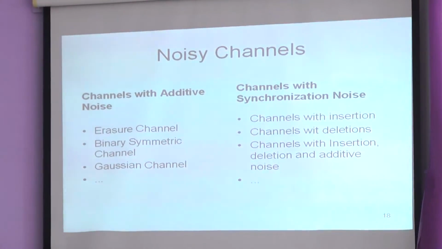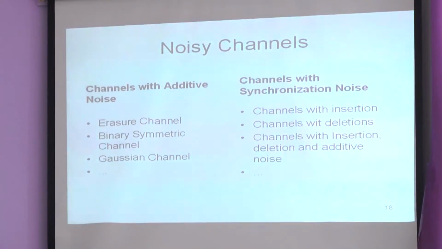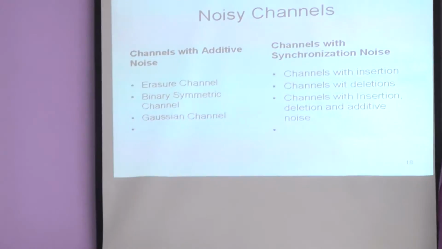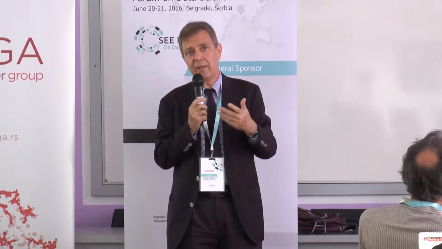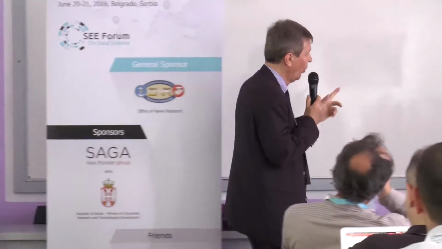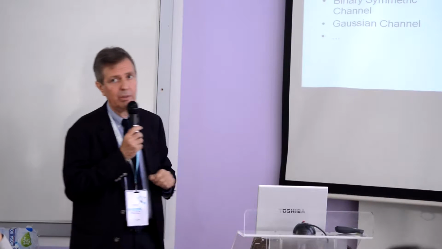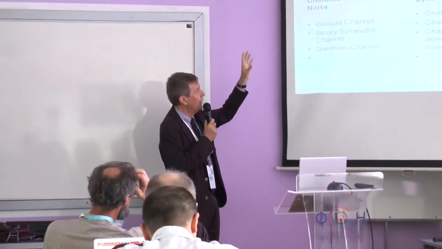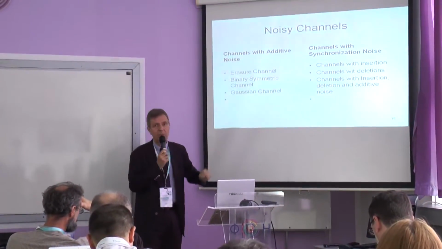And usually these communication channels have certain noise, particularly if they are, let us say, wireless communication channels. But the same is true even if we are on wire, on the internet. And on the internet, because it is a very complex system, we can lose some packets, and you can also model it as a communication channel with noise. So there are two main models of noisy channels. One is so-called channels with additive noise, and the other model are channels with synchronization noise.